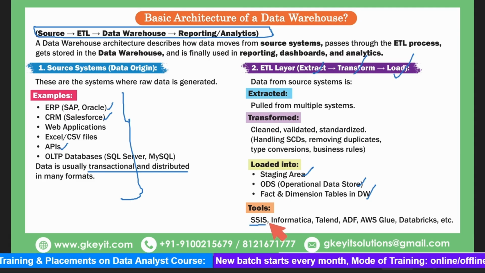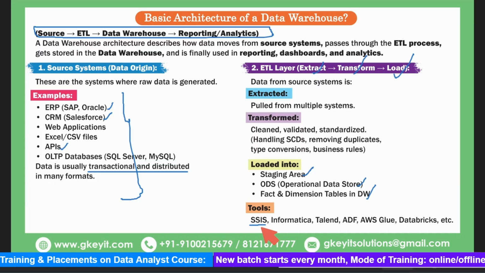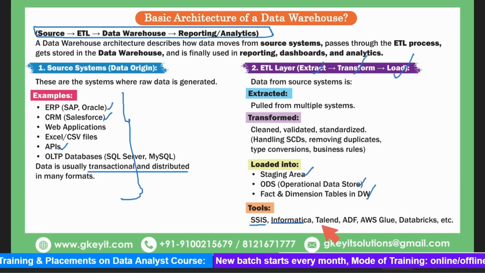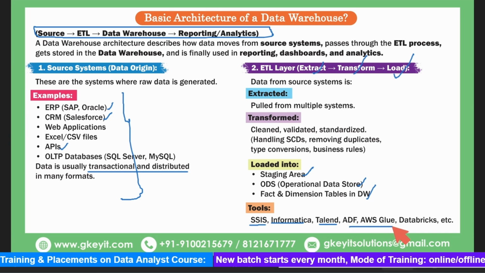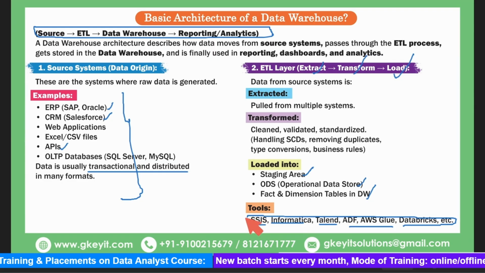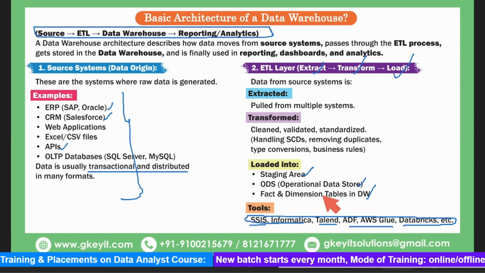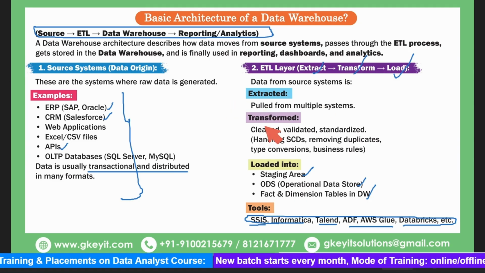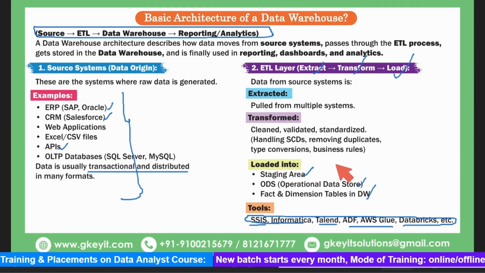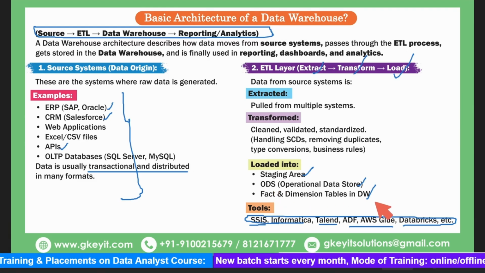There are SSIS, from MSBI, Microsoft Business Intelligence, which is a Microsoft tool, Informatica, Talend, ADF, AWS Glue, Databricks. These are the different ETL tools available in the market for doing the ETL process. That means extraction, transformation and loading the data into the warehouse systems like staging, ODS, fact and dimension tables.